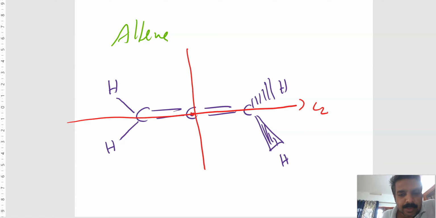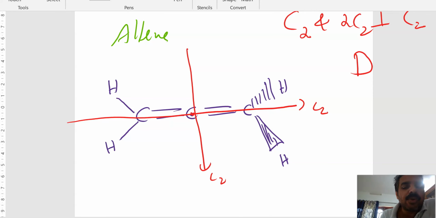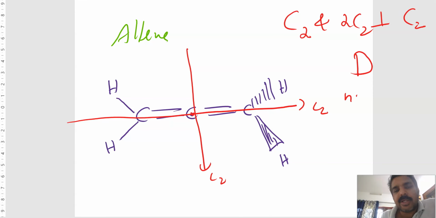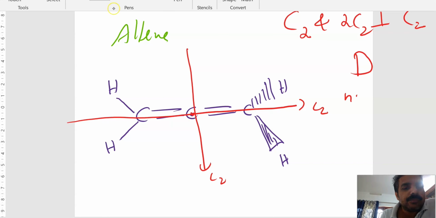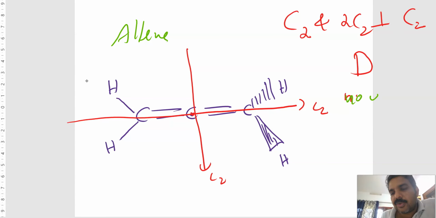Another C2 axis passing through by crossing this carbon. Okay, so C2 is the highest order rotation axis, and there are two C2s perpendicular to this C2. The category belongs to D. But the molecule is not a planar molecule, so there is no sigma h. You can see here there is no sigma h.